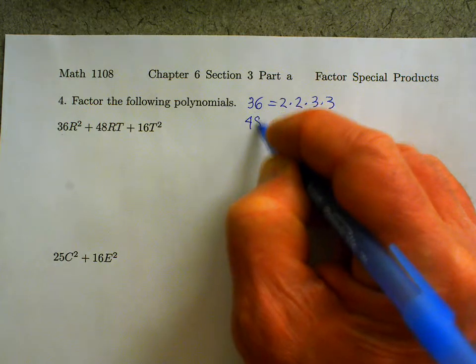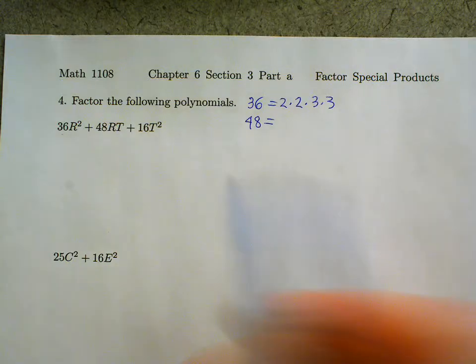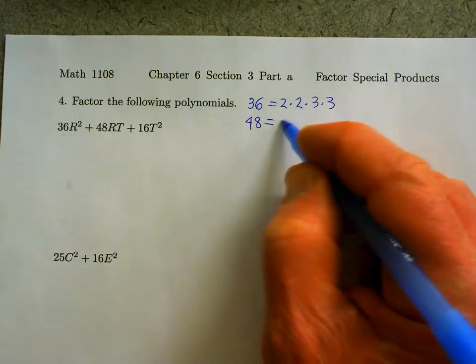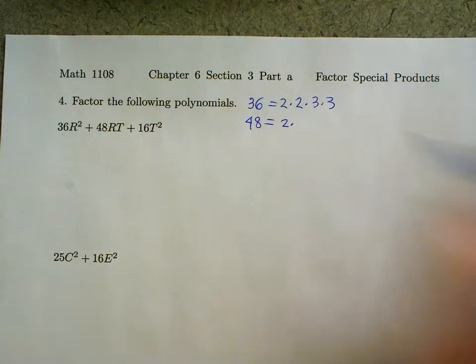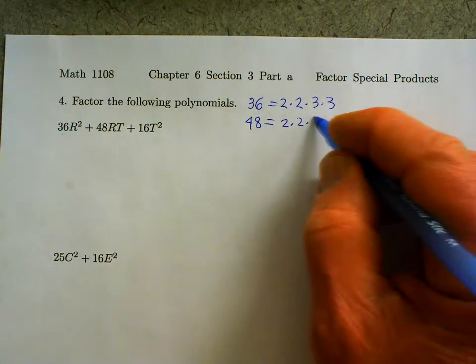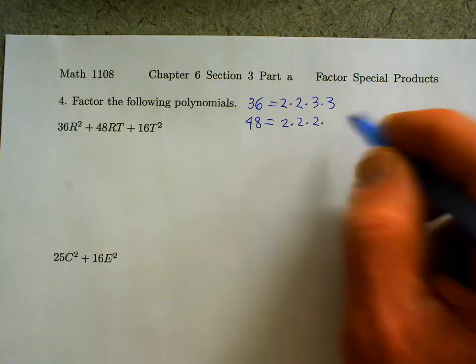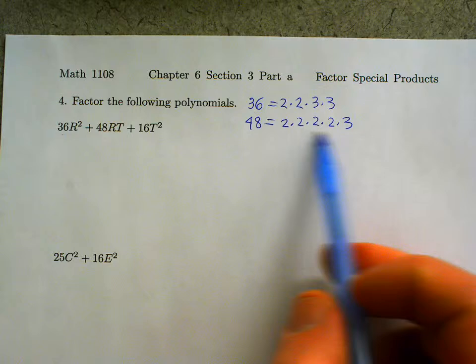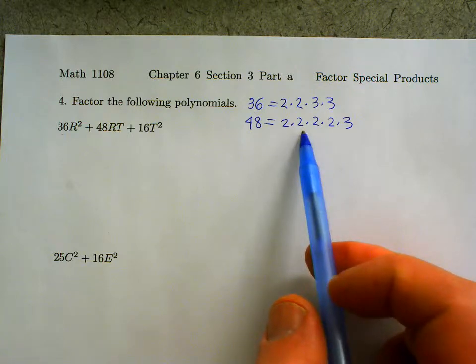The prime factorization of 48. So 2 times 24, but 24 is 2 times 12. 12 is 2 times 6. 6 is 2 times 3. So this is the prime factorization of 48.